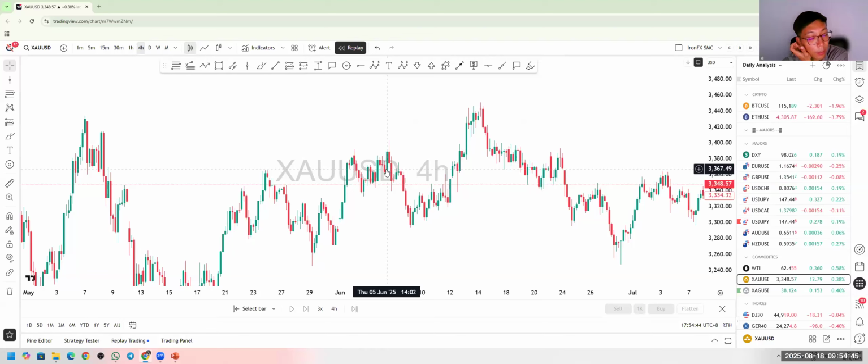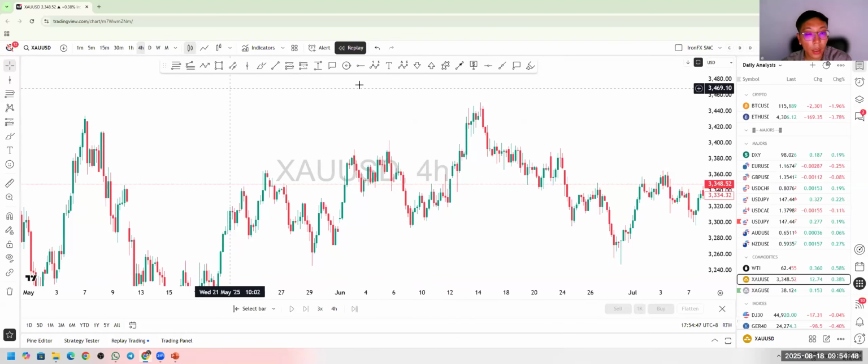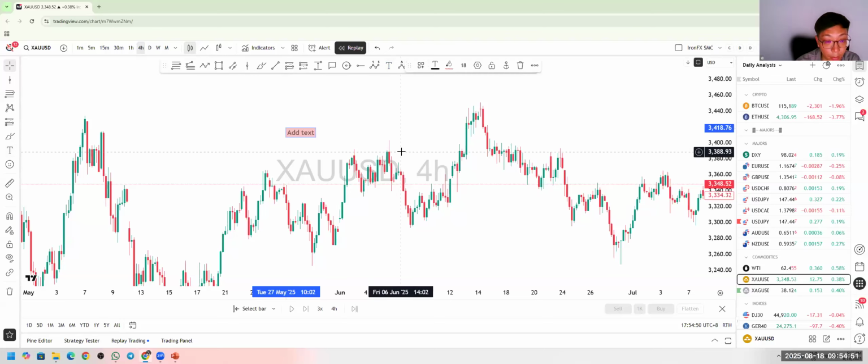One tip that I usually tell people is that there are different timings that I only enter. London, 8:30 p.m. to, and take note this is Singapore time. So do convert yourself into your own time zone.